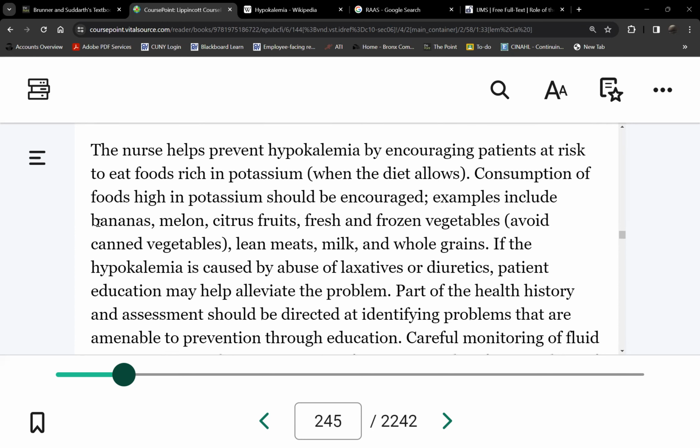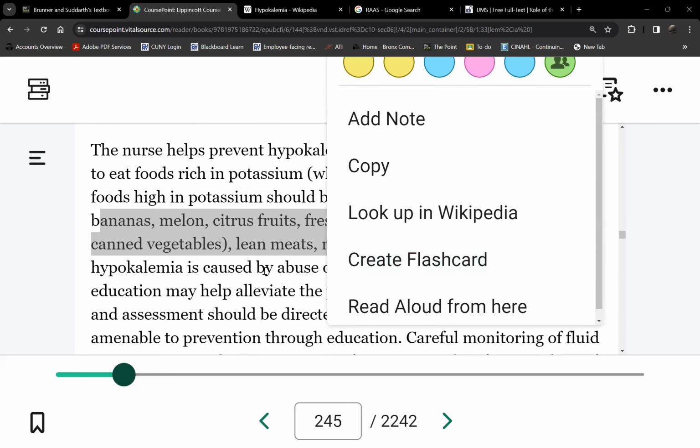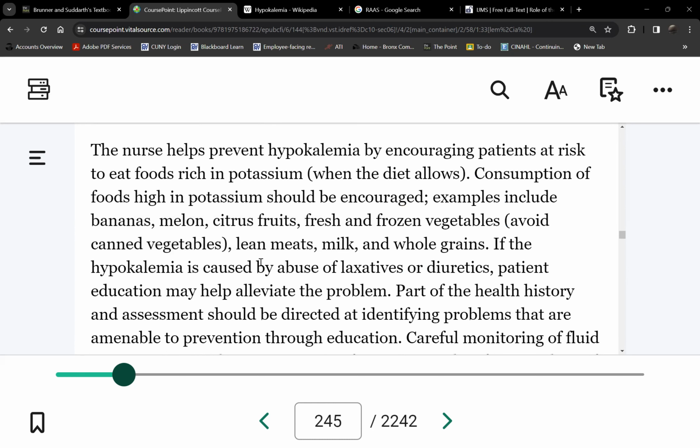These are the choices I'll put there, probably not these exact words. I won't put citrus fruits, I'll put oranges. I'll probably not put grapefruit because the patients usually have calcium channel blockers, so they'll say no grapefruit.